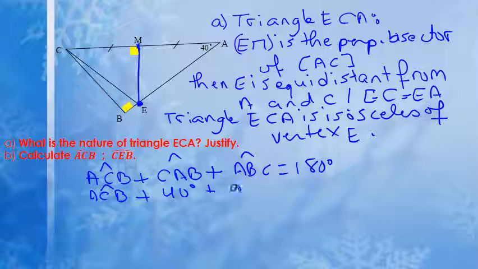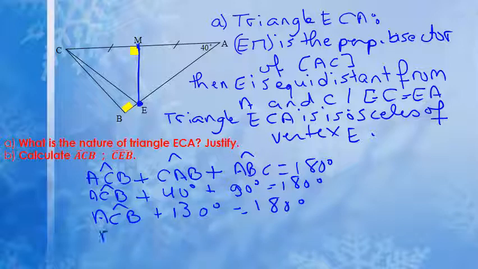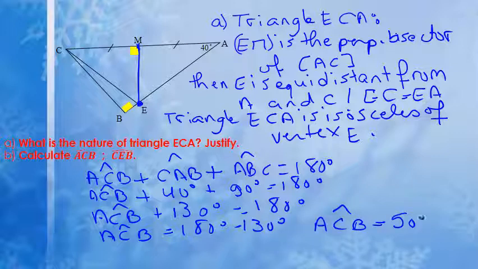Angle ABC is 90 degrees. So angle ACB plus 130 degrees equals 180 degrees. Angle ACB equals 180 degrees minus 130 degrees. Then angle ACB is equal to 50 degrees.